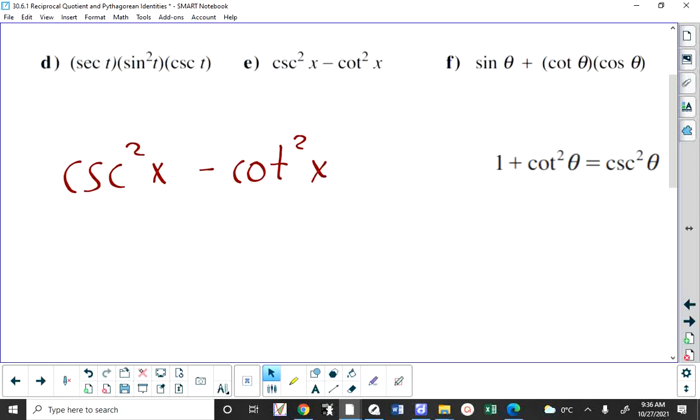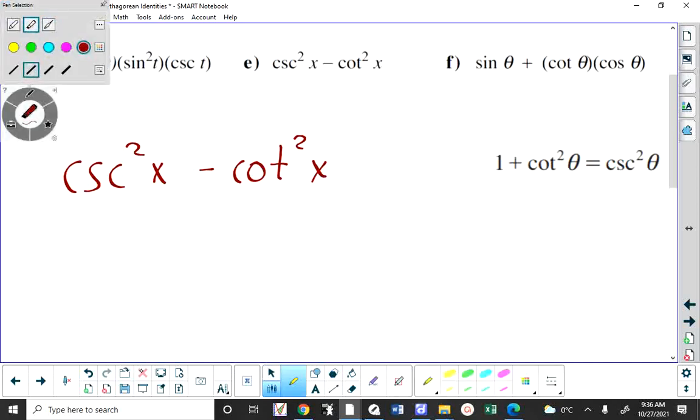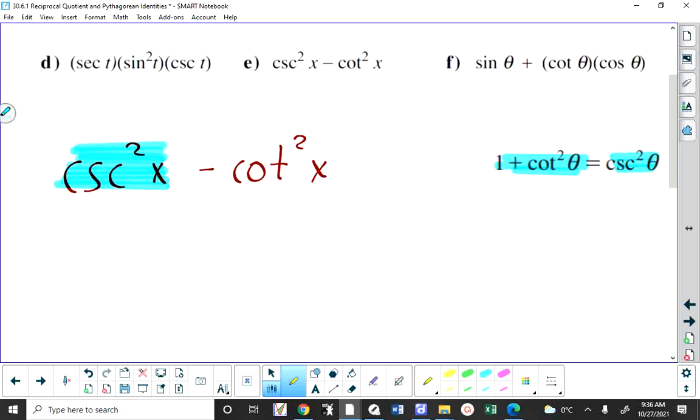I would go the simplest route here and just say, since cosecant squared of theta is the exact same as 1 plus cotan squared of theta, then over here where I see cosecant squared of theta, I can just put 1 plus cotan squared of theta in for it.